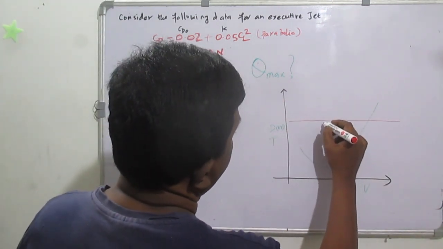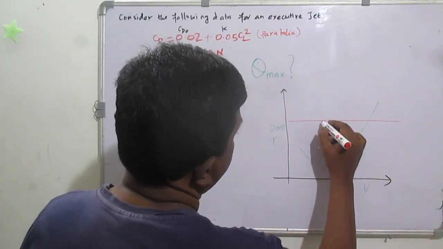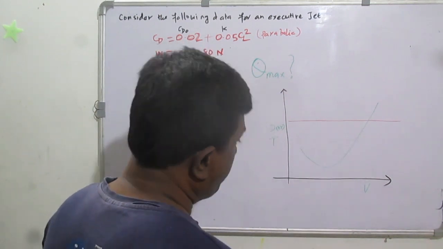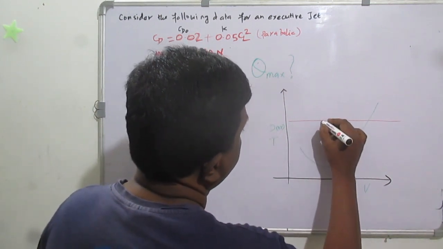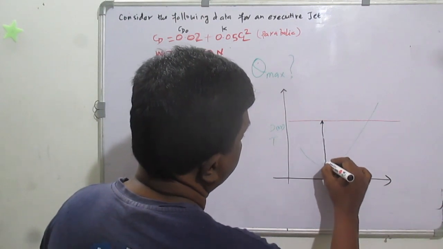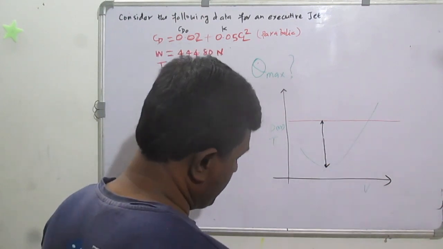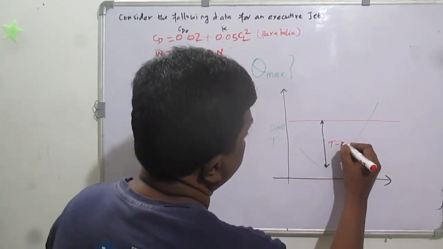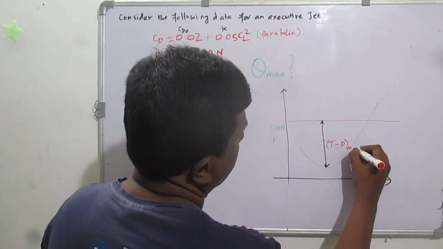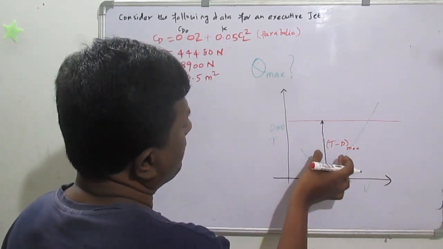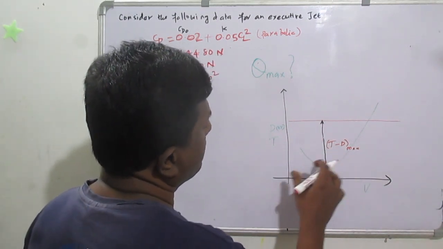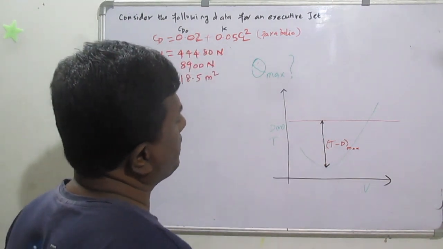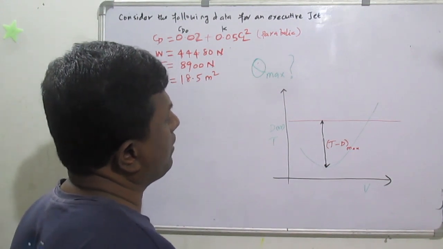This is the maximum T minus D. Once we know this maximum T minus D, then by using this condition we can find out the maximum angle of climb.